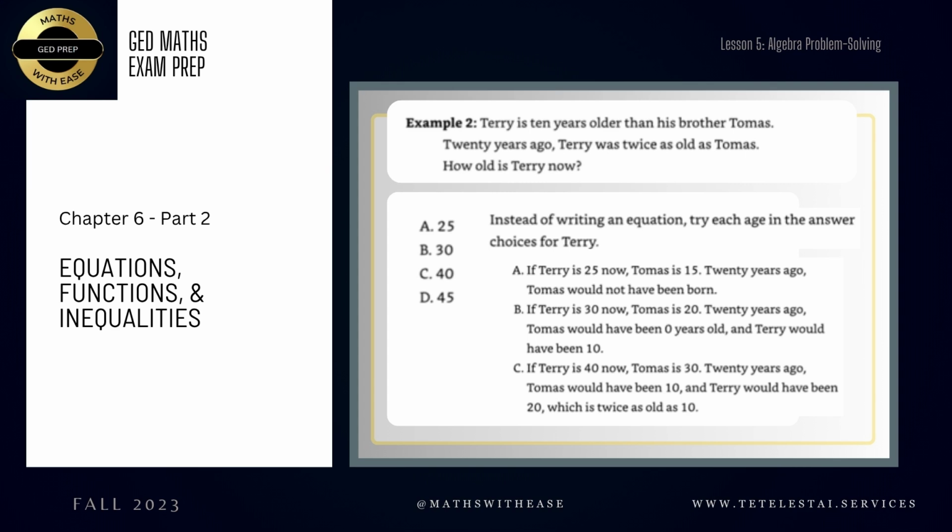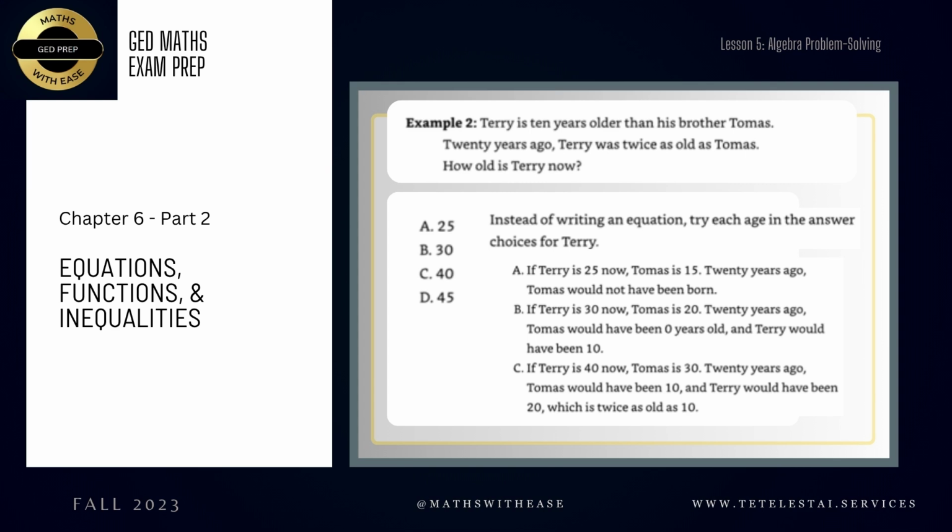So if we go back in time 20 years, for Terry, 40 minus 20, 20 years ago, Terry would have been 20 years old, right? Because 40 minus 20 is 20. And Thomas, who's 30, if we go back in time 20 years, 30 minus 20 is 10.